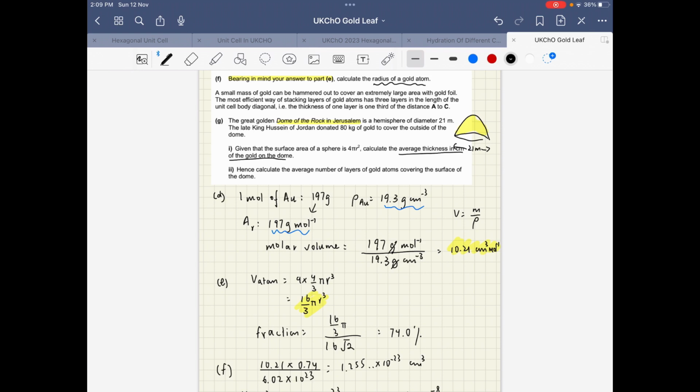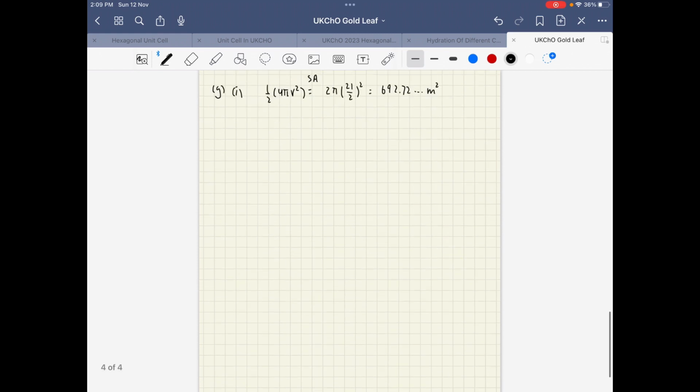And looking at this, I need 80 kg of gold to cover the outside. So I can calculate the volume of gold inside this 80 kilograms of gold.